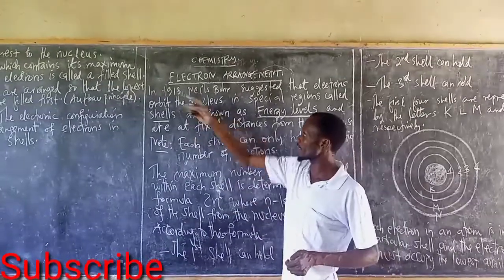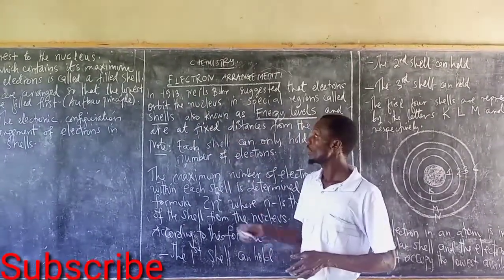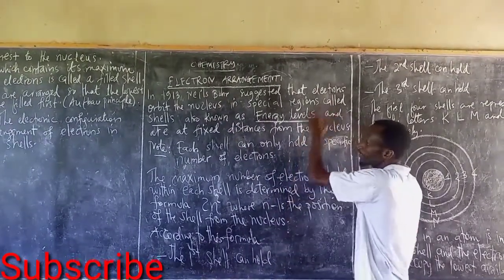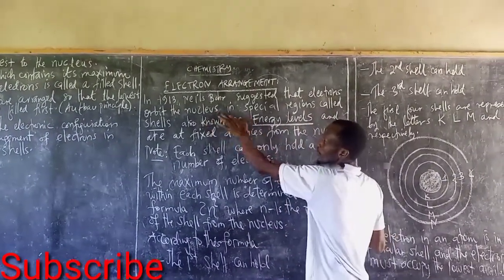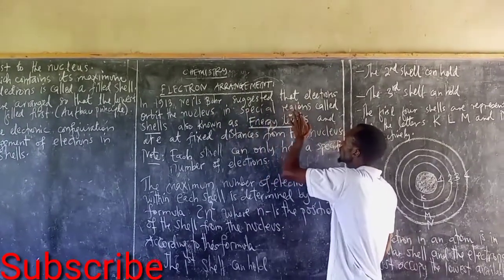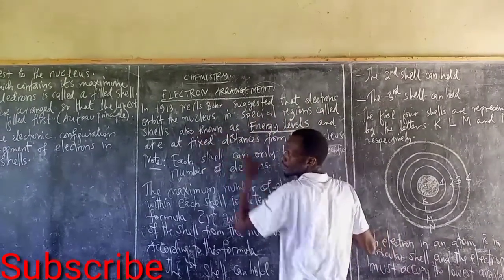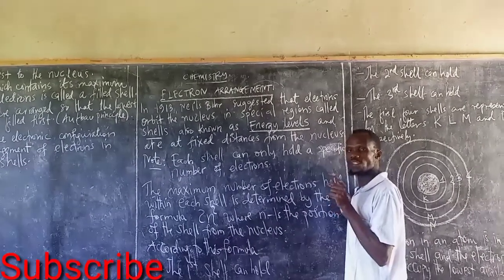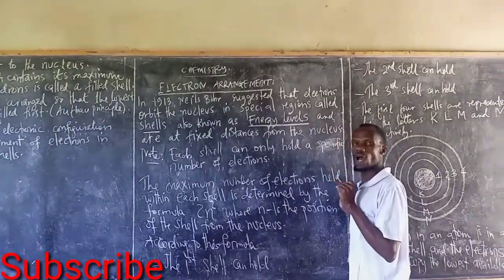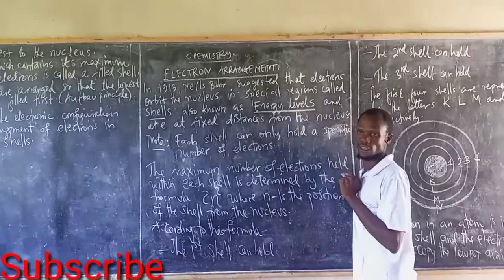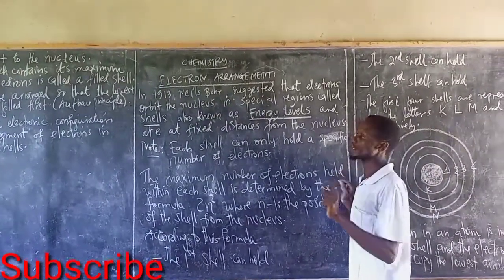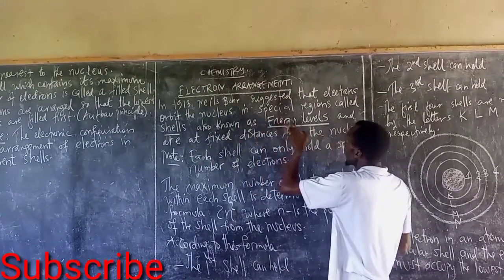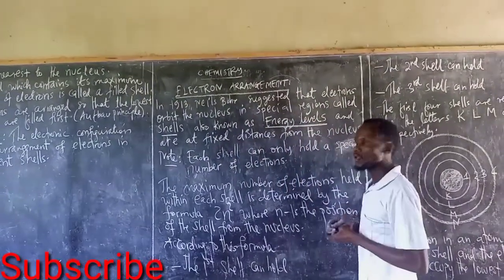In 1913, Niels Bohr suggested that electrons orbit the nucleus in special regions called shells. Electrons revolve around the nucleus in the special region called shells, also known as energy levels.